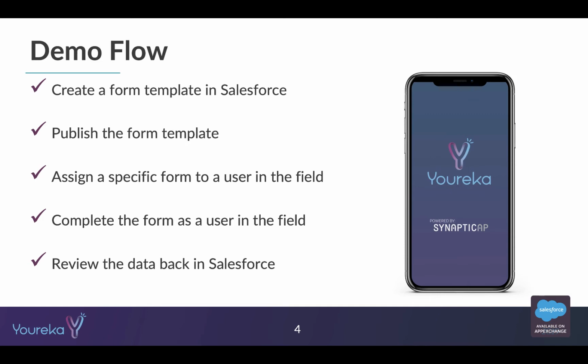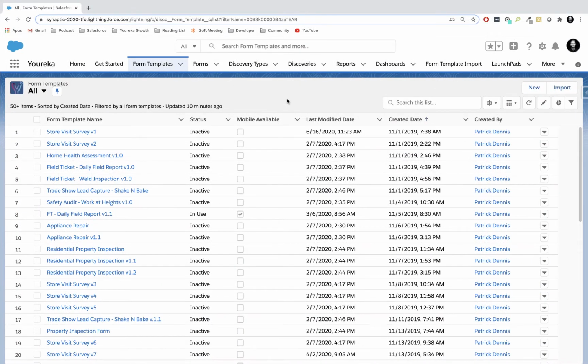So we'll assign a form to a user in the field. They'll fill out that form, and we'll do it on my phone, pretending like we're that person in the field. And then we'll submit that form, and then we'll review all the data back in Salesforce after the form has been completed. So let's jump over into Salesforce here, and we'll dig right in.